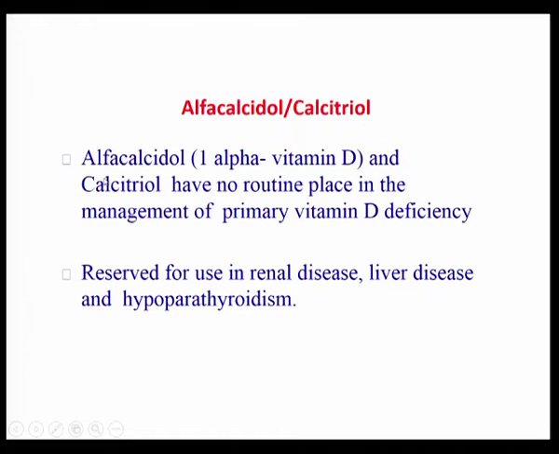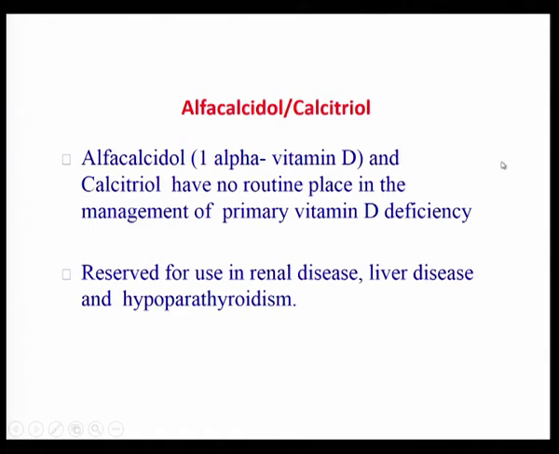There are conditions where, for example, in renal diseases, liver diseases or hypoparathyroidism, in all these three cases, people are incapable of converting vitamin D to the active form. If their system is already capable of converting vitamin D into the active form, you better not give them alpha calcidol or calcitriol.